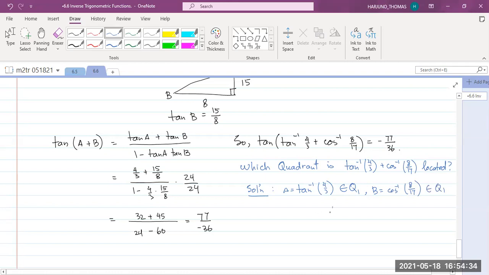In other words, A is between 0 and pi over 2. B is also from 0 to pi over 2. When we add, A plus B must be between 0 and pi. In other words, A plus B must be in quadrant 1 or quadrant 2.